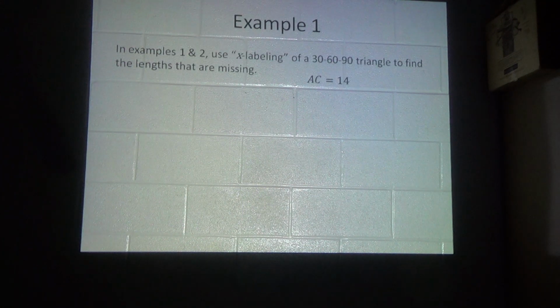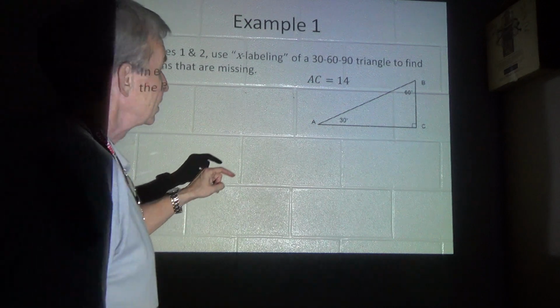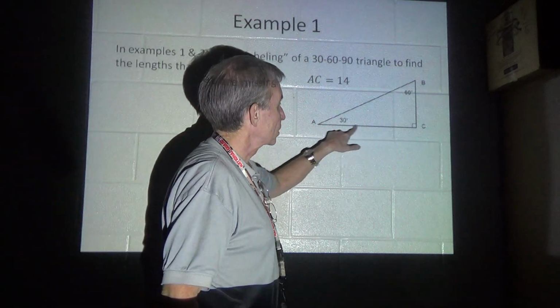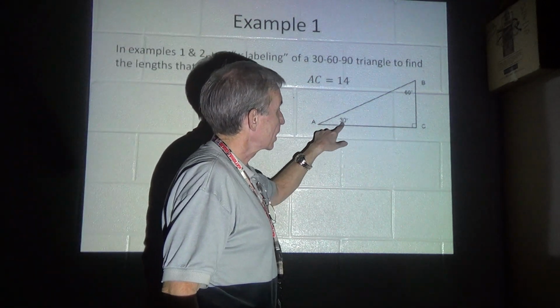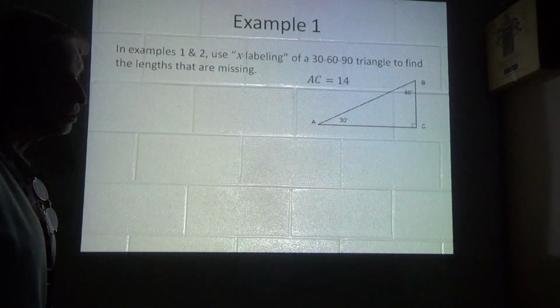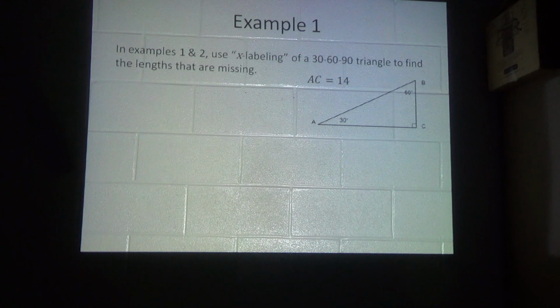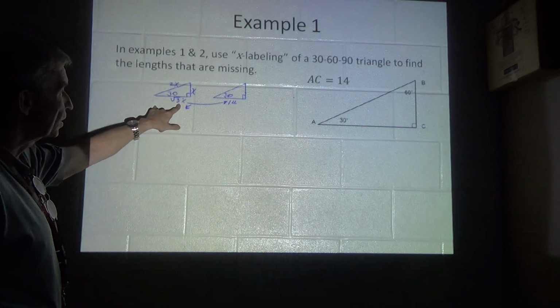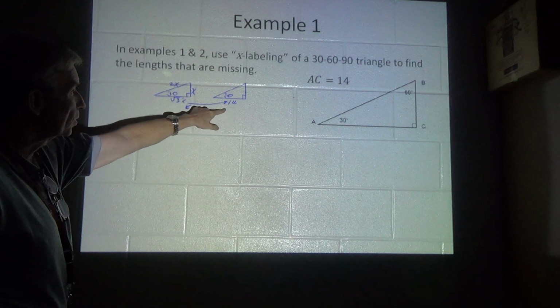In examples 1 and 2, they want us to use x labeling of a 30, 60, 90 triangle to find the lengths that are missing. So AC in this case is 14. They're telling us that this is 14. Since this is next to the 30-degree angle and across from the 60-degree angle, that means this is the long leg. So we're going to draw our little triangle with the ratio on it and compare them.